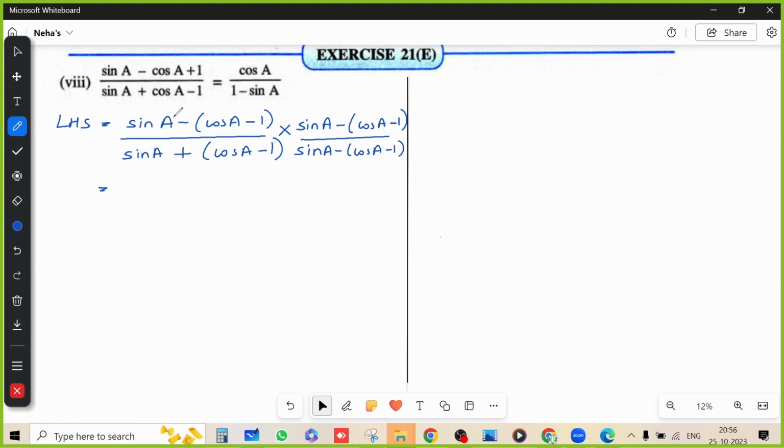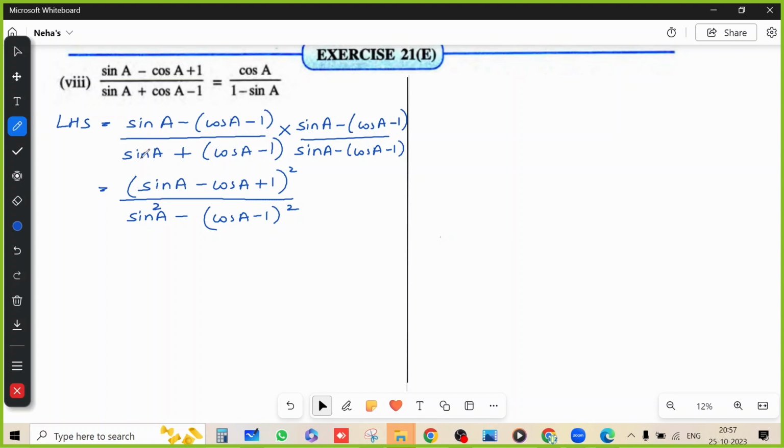Now the numerator has become of the form A minus B into A minus B, which is equal to A minus B whole square. So this can be written as sin A minus cos A plus 1 whole square divided by sin square A minus cos A minus 1 whole square.